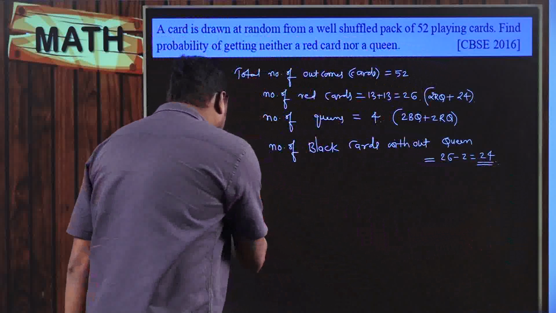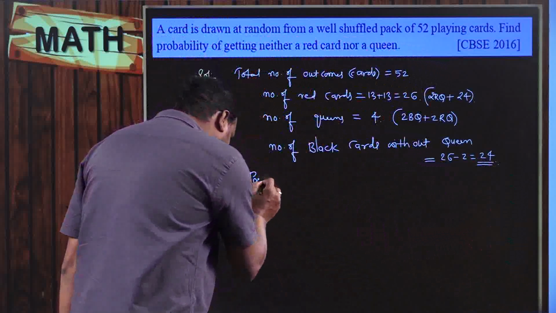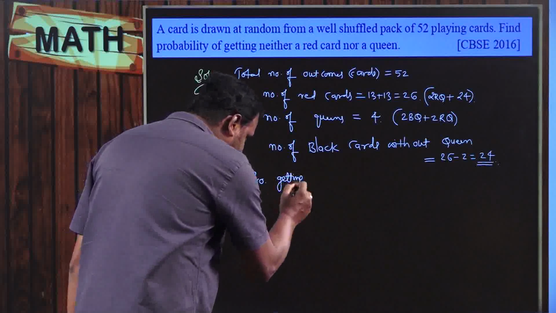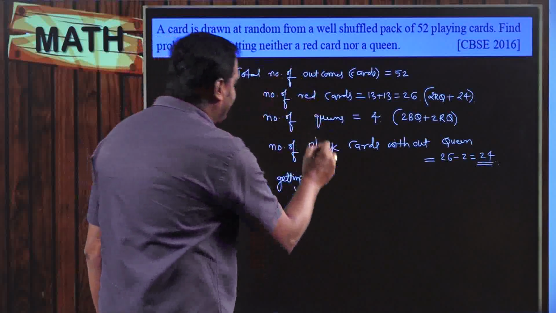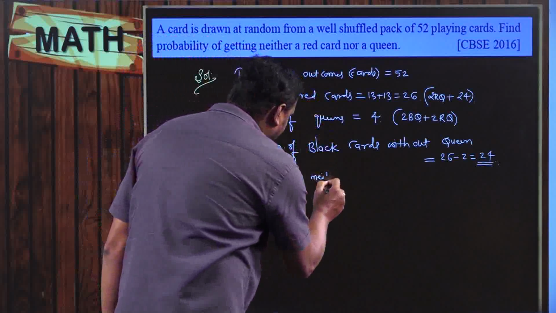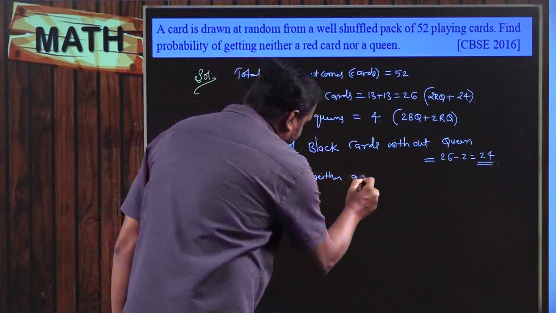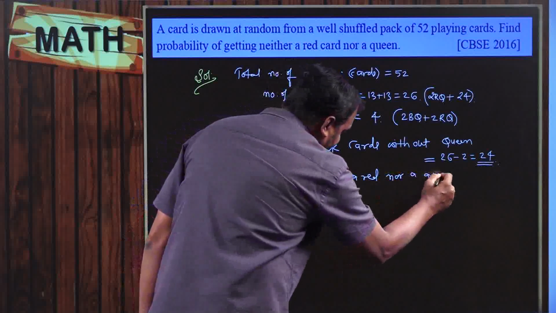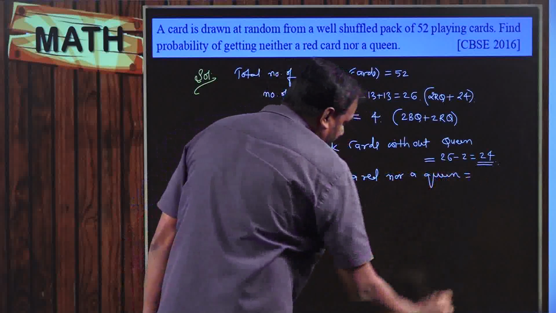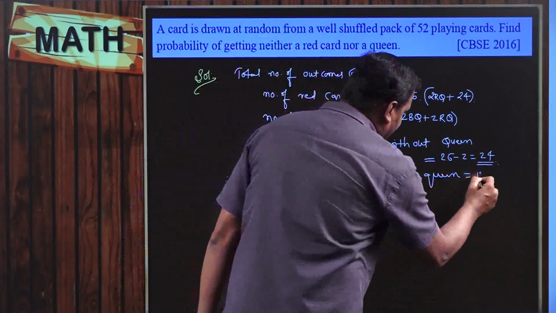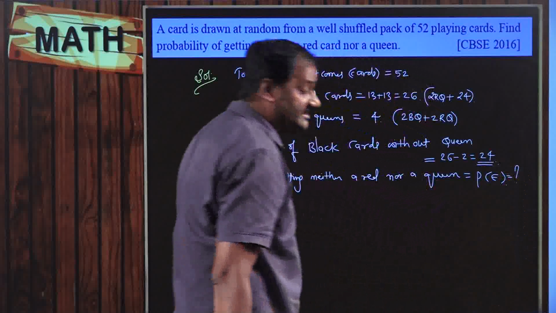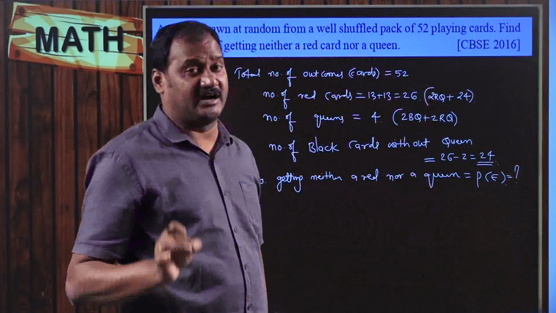So therefore, the probability of getting neither a red nor a queen is considered as the probability of getting an event. But before that, we need to write the classical definition of probability.